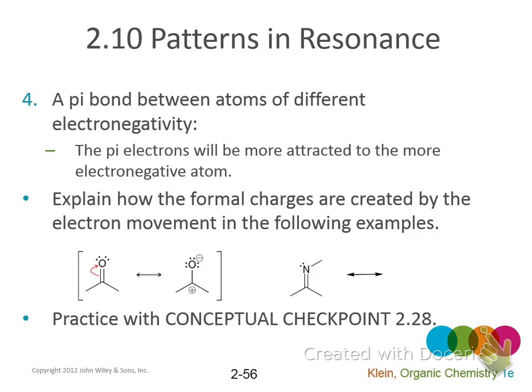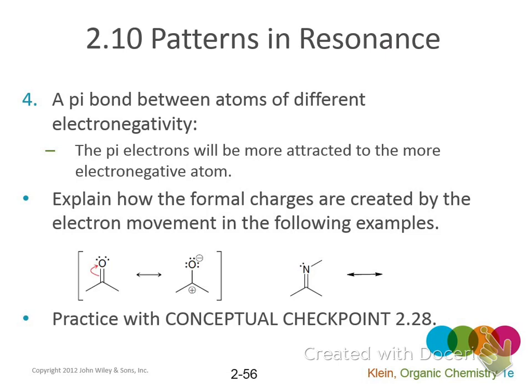So you have pi bonds between atoms of different electronegativity. That's another pattern that we see. And this is one of those ones where the octet rule gets violated by going under the octet. The example that they give down here is for acetone. Okay? And the electrons move towards the oxygen because the oxygen's more electronegative than the carbon is. That's the time where you generally see those kinds of things.